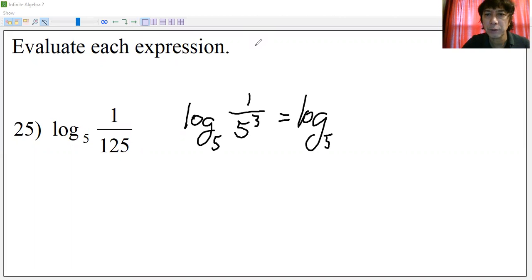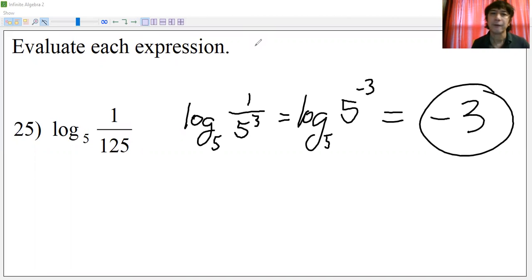This will now be 5 to the negative 3. And so the answer should be negative 3. Verify. It's verified. You can see the answer on the screen. Continue now with 26. We clear the board.